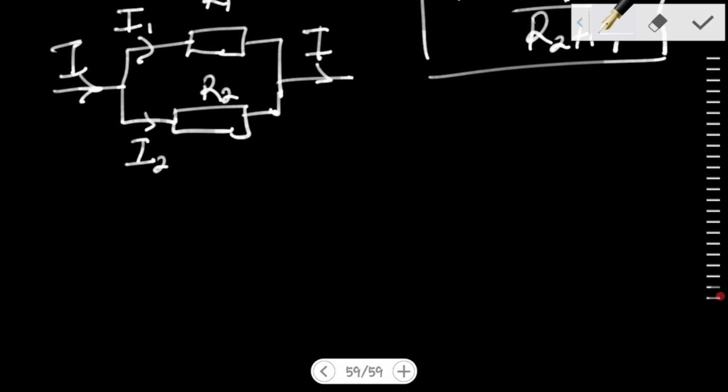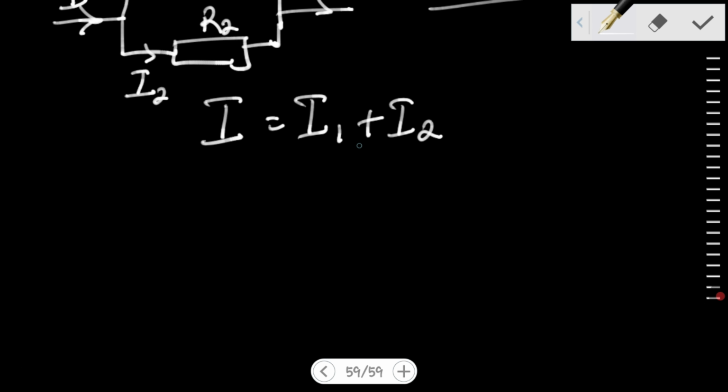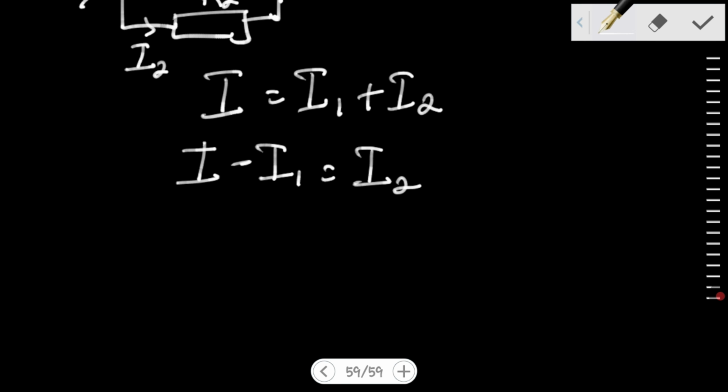We know that in a parallel connection, the PD across the resistors is the same, but the current is different. So I will be equal to I1 plus I2. Let's make one of them the subject: I minus I1 equals I2.